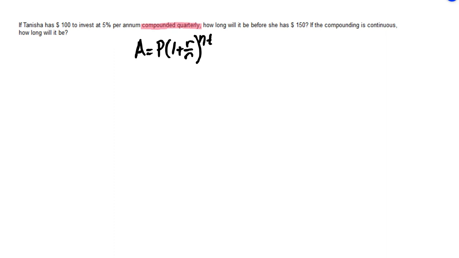But then in the second part of the question it says if the compounding is continuous, that's an indication of using a different formula, which is A equals P e to the RT. So in the first part, we'll use our compound interest formula, and in the second part, we're going to use the compounded continuous formula. Both formulas use most of the same variables, so let's take a minute and make sure we know what each of those variables stand for.